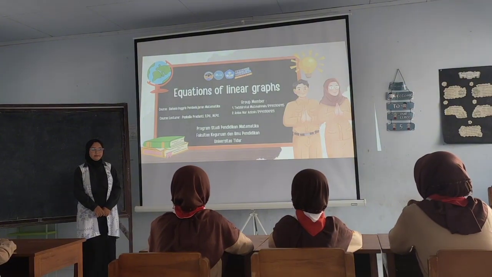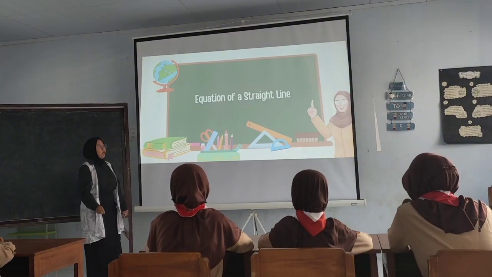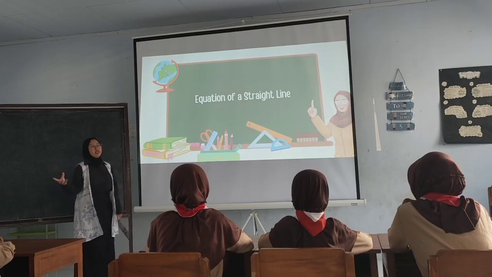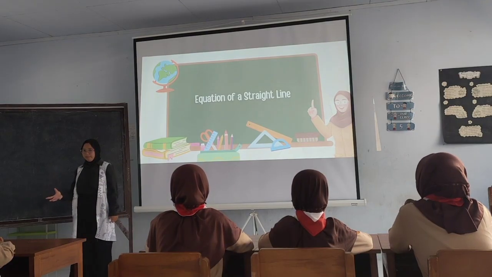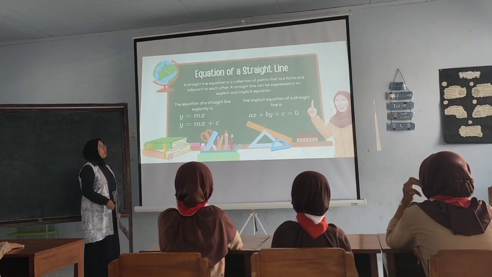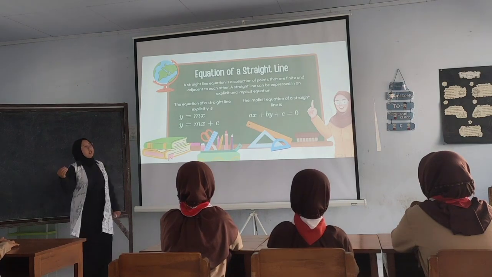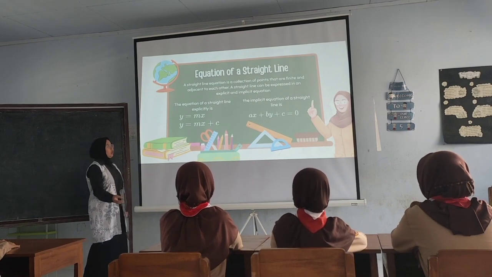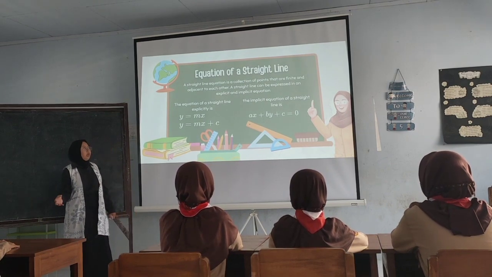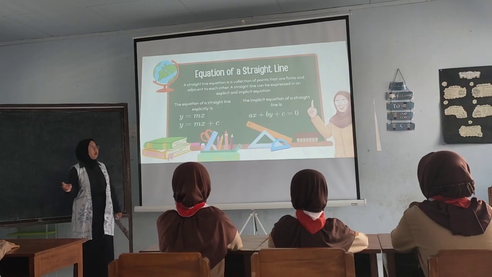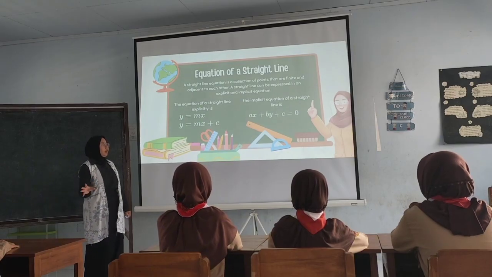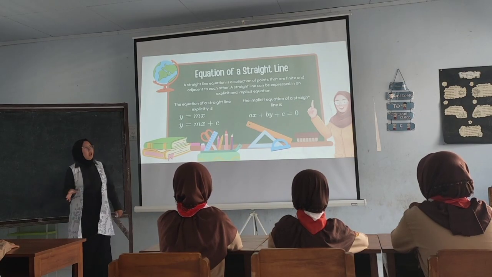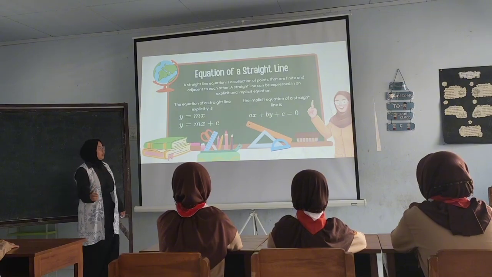The equation of a straight line. Do you know the equation of a straight line? No. Okay, the equation of a straight line is a function of points that are adjacent to each other. A straight line can be expressed in an explicit and an implicit equation.